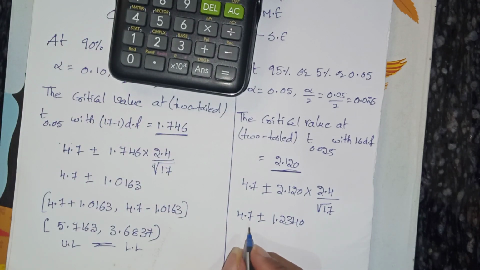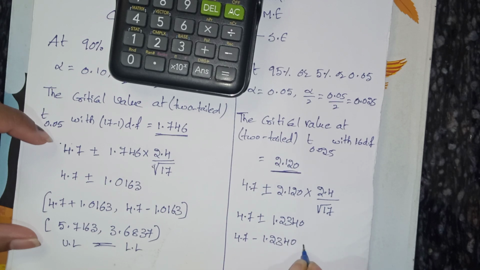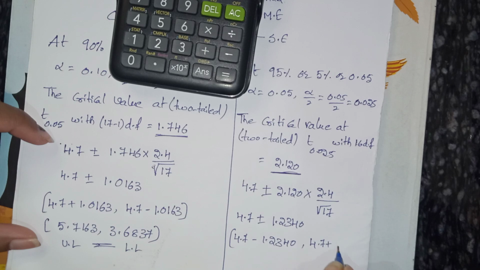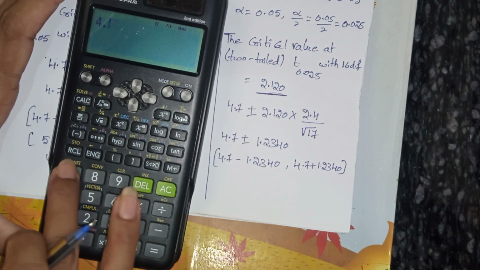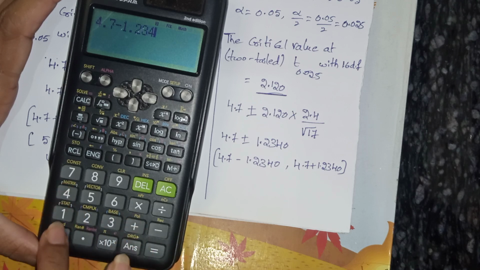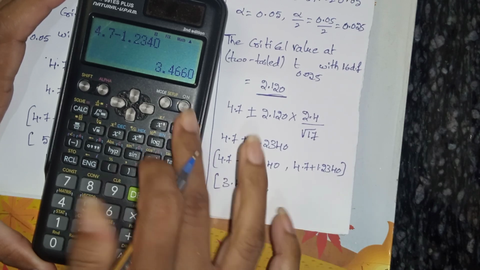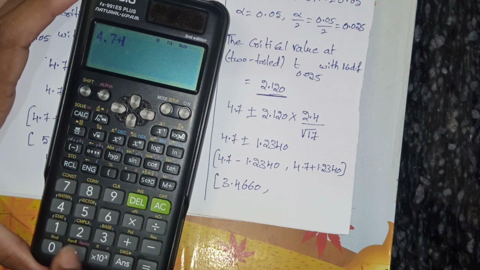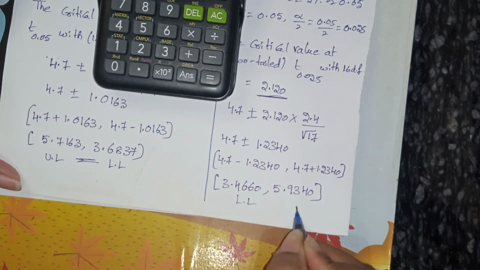Okay, so we will divide into two parts. 4.7 minus 1.2340 comma 4.7 plus 1.2340. 4.7 minus 1.2340 equals 3.4660, comma, 4.7 plus 1.2340 equals 5.9340. So this is the lower limit, this is the upper limit.